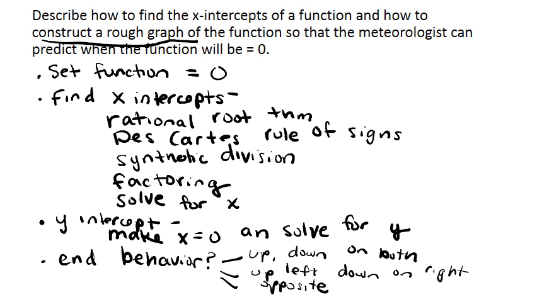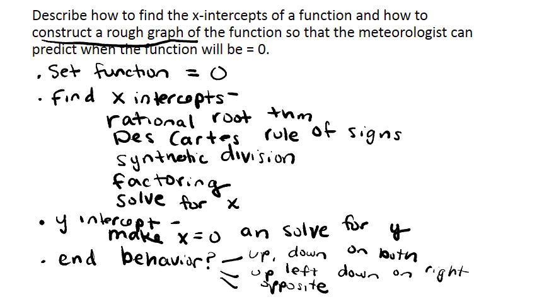Okay, and in the last question, I'm going to go over that as well, just a review of how to find end behavior. But that is, in general, what you're writing out as you're explaining to me in order what you could do to do a rough sketch.